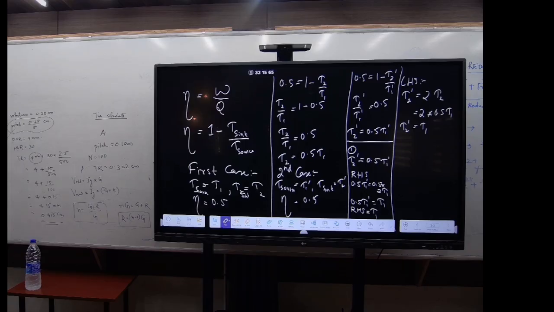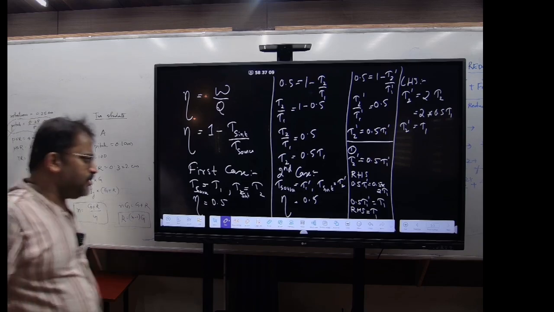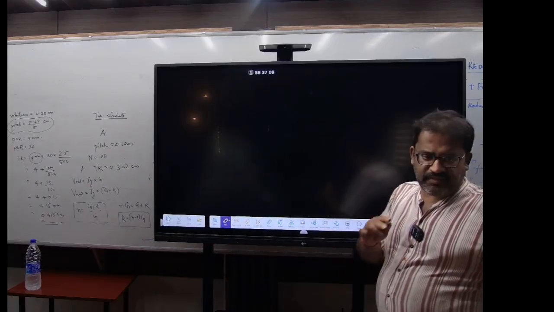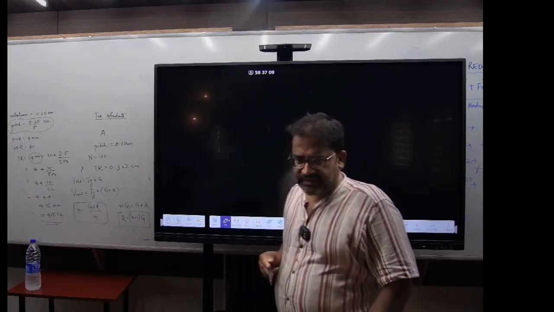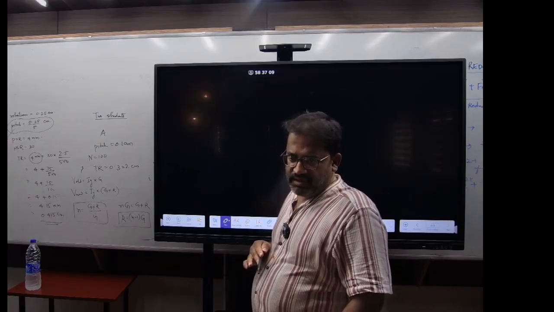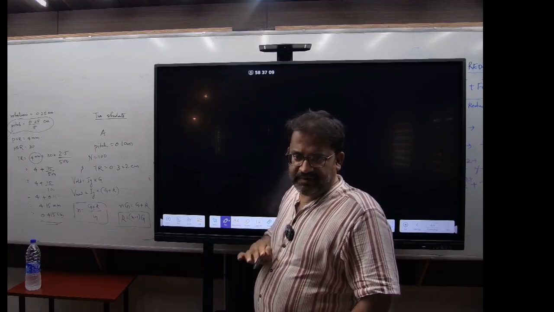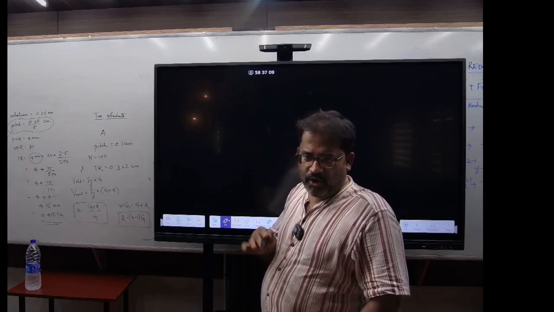Right. So see the diagram. So what happens in the diagram? We can see that the diagram indicates to us that it is an isothermal process. That means temperature is maintained constant.